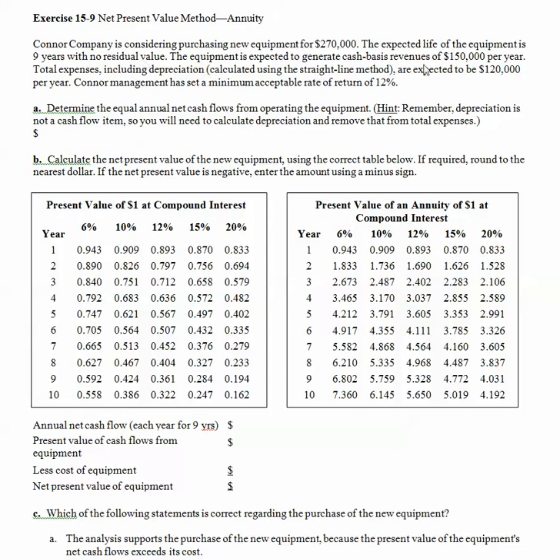The equipment is expected to generate revenues of $150,000 per year and expenses, including depreciation, of $120,000 a year. The instructions also tell us that this company has a minimum acceptable rate of return, in other words, a desired rate of return of 12%. In other words, the company wants to earn at least 12% annually on any investment of this type.